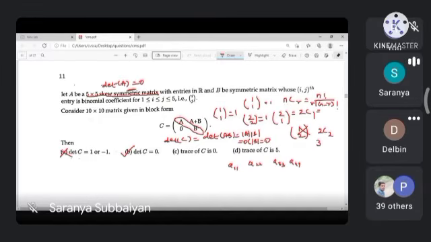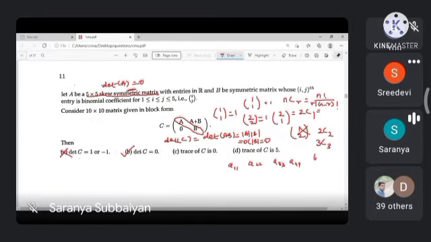2C2, 3C3, which is 1. After the fifth, again the sixth one. This is a 10 cross 10 matrix; 5 matrix here over, again it will start from 6.